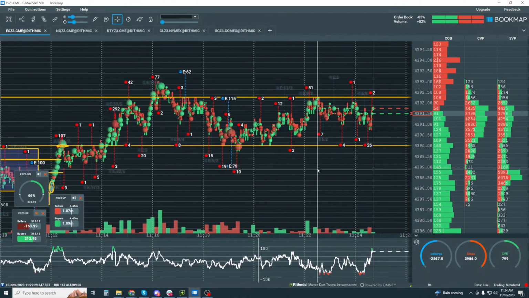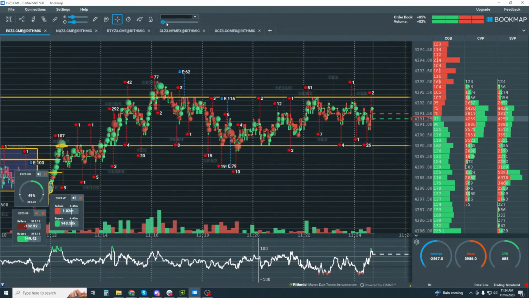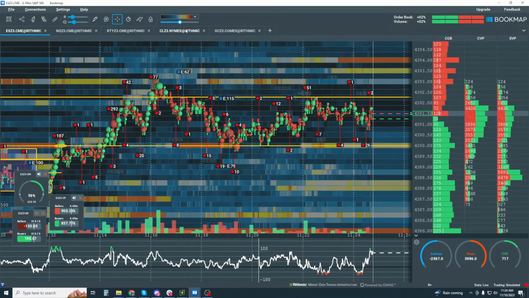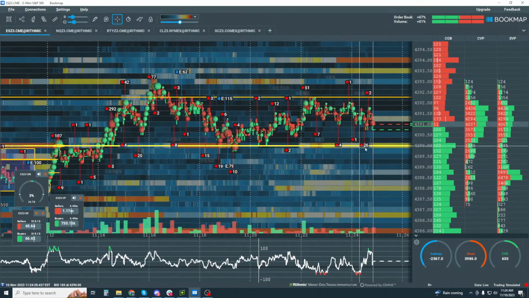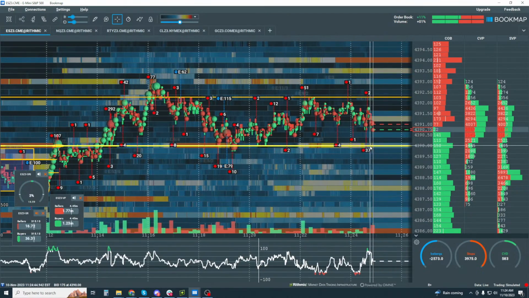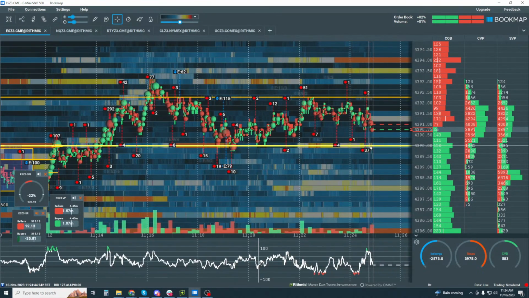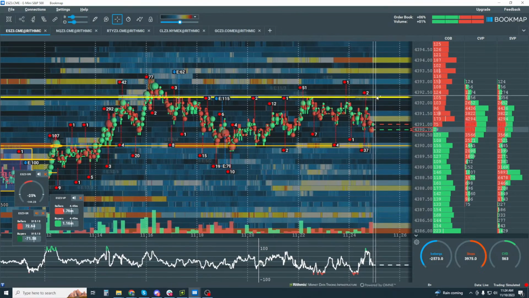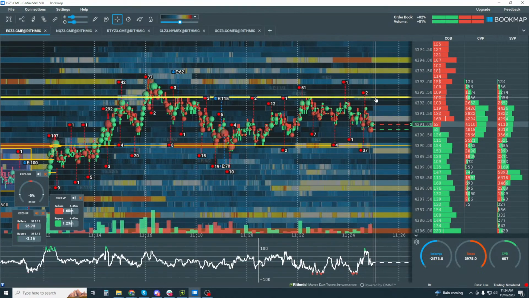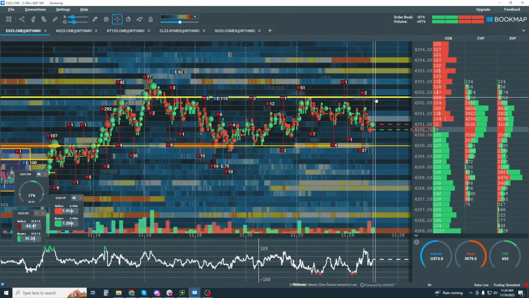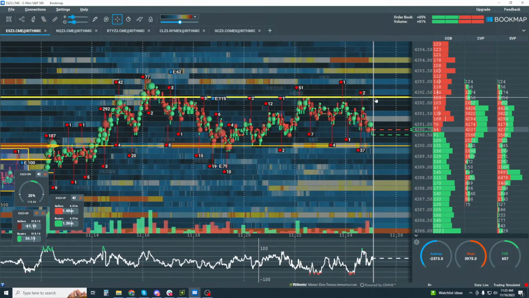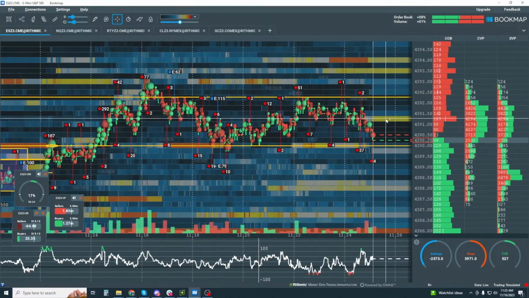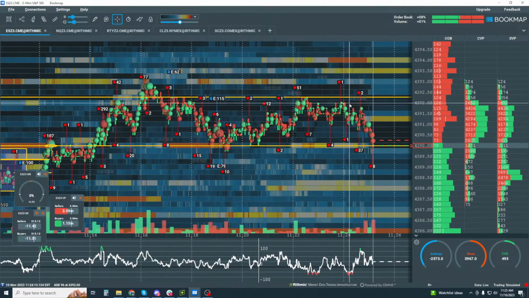But in Bookmap, which is really nice, we have the heat map. We know supply and demand, not support and resistance. So there is some demand down here at this support level, but there's no supply up here at this resistance level. In fact, they're down here now. There's more supply here, and we're seeing sellers react to it.